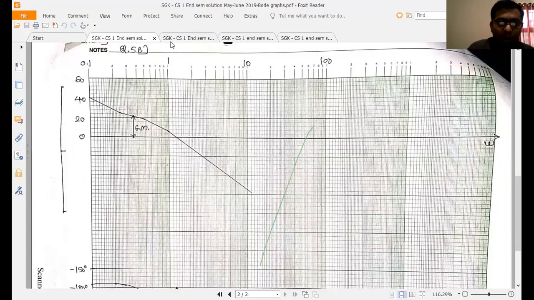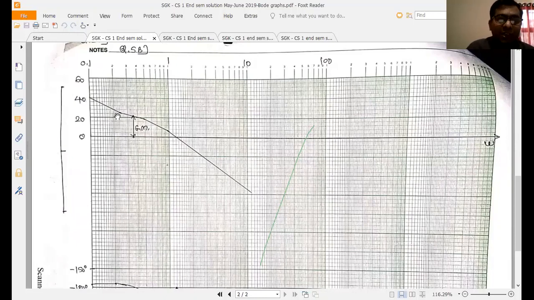So at omega equal to 1, 0 dB should be the value of this line. So this line passes through omega equal to 1, and the slope is minus 40 dB. But since after 0.25 the slope is changing, we will not extend this line further.